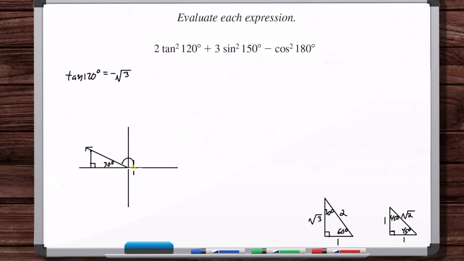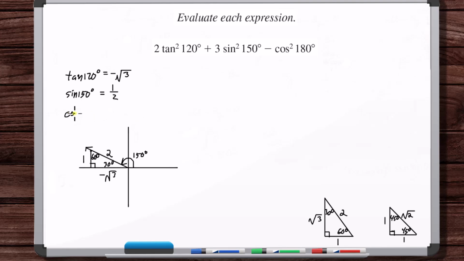So, a 30, 60, 90 triangle. We've got this is 2, and then this is -√3, and this is +1. So sine of 150 is what? Opposite over hypotenuse, that's 1/2.